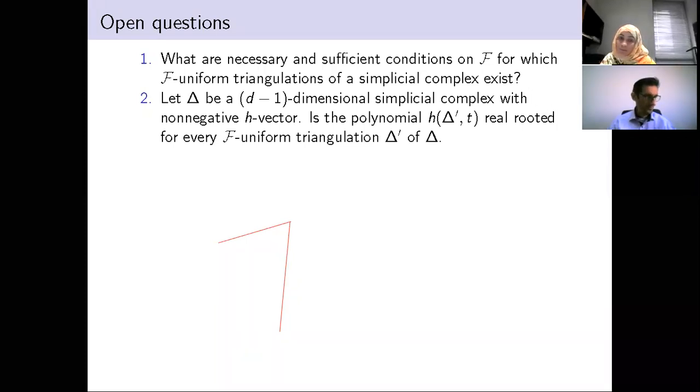Let me just add one more thing. Whatever is being discussed in this particular talk is a topic in combinatorial commutative algebra as well as theoretical computer science. So this is a related area of theoretical computer science where people are working.